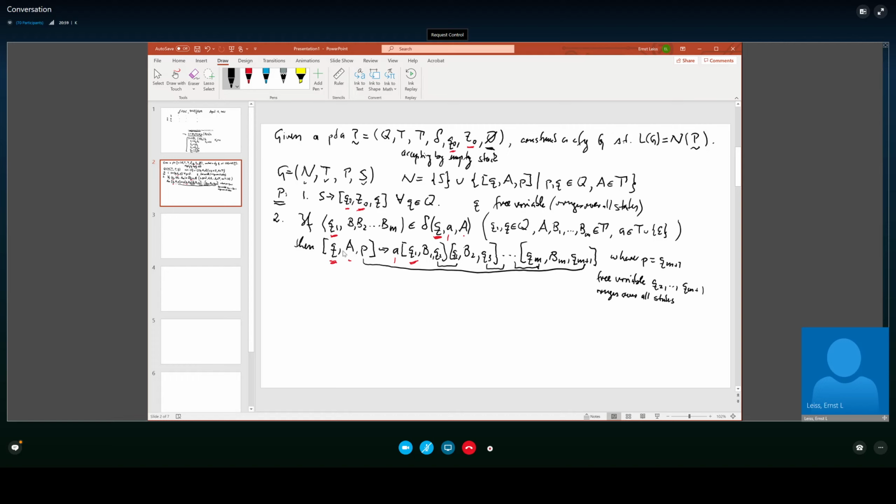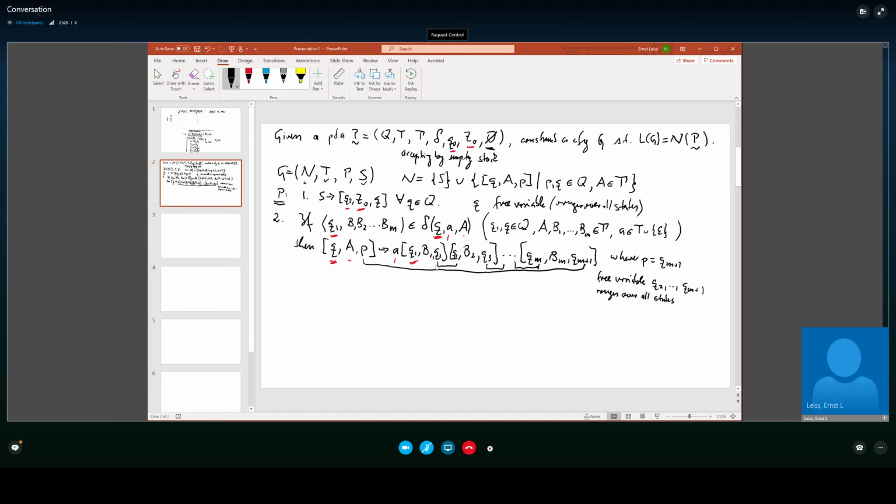And so basically this is a variable, QAP produces little a followed by this variable, that variable, M variables. So these are grammar variables. Q1, B1, Q2 is a grammar variable. Q2, B3, Q3 is a grammar variable, and so on and so forth.